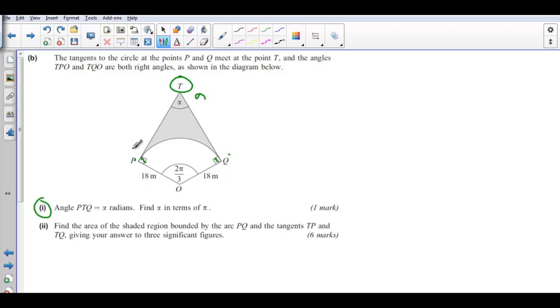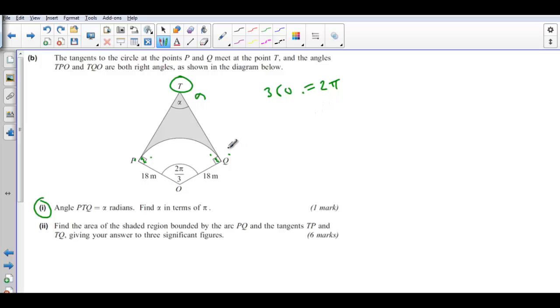Okay, so what have we got? Well, it's a kite. It's a 4-sided shape. So altogether, the angles add up to 360, or in other words, 2π radians. We know that those two will be 180, or π, so we can take those off straight away.